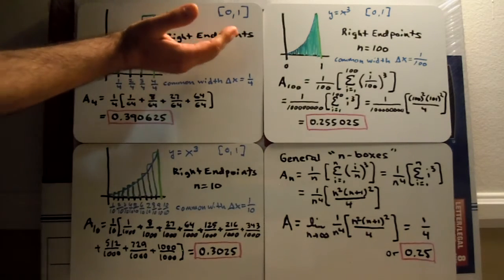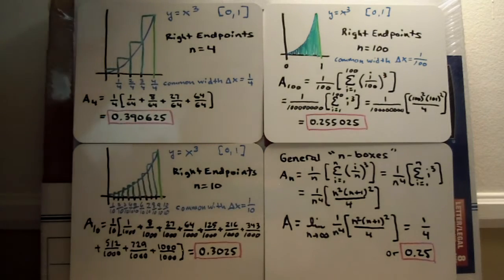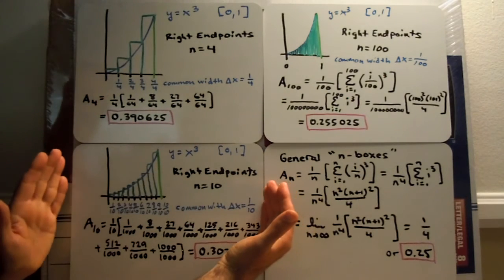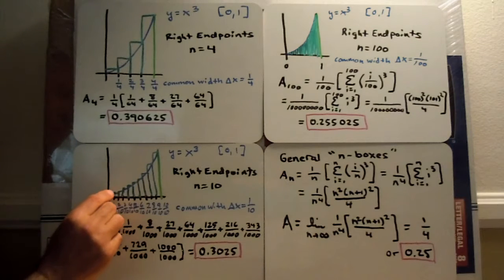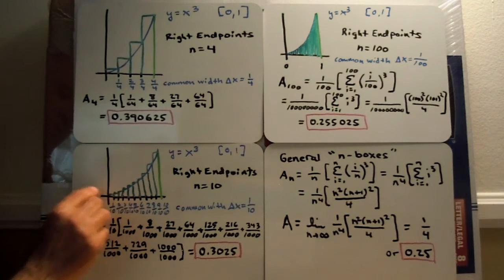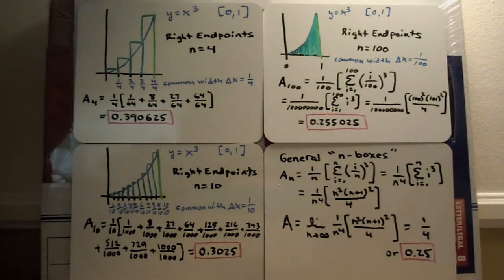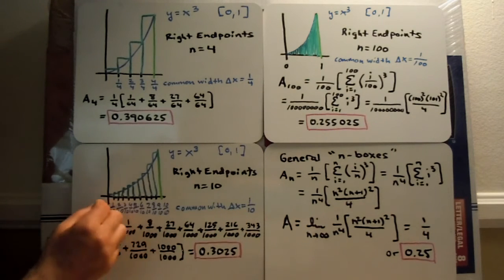So if we repeat this process again, but do this with 10 subintervals, you can see in the picture that although we're overestimating, we're not overestimating by so much, because we're breaking it up into 10 rectangles, where the rectangles, yes, are thinner, but there's more of them.